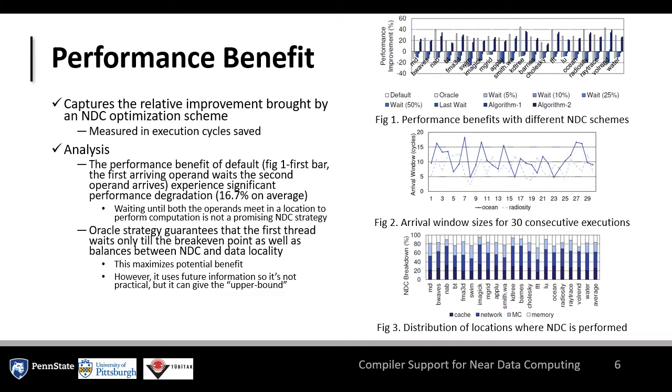Whereas if you look at these other schemes, wait 5%, 10%, or last wait, we don't see much benefit from these strategies either, just like the straightforward near data computing. Whereas Oracle shows significant savings.